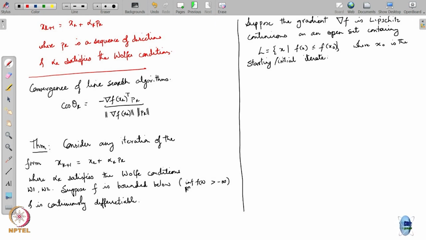So, now what does it mean? Suppose the gradient of f is Lipschitz continuous on an open set containing this level set, where x_0 is the starting iterate.